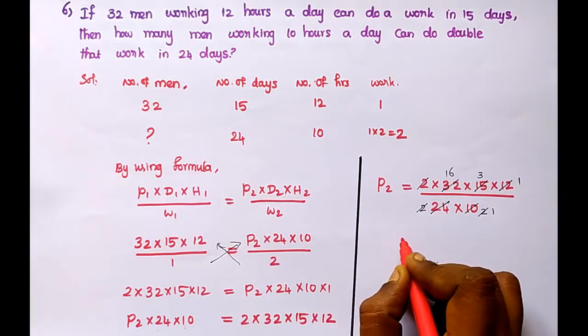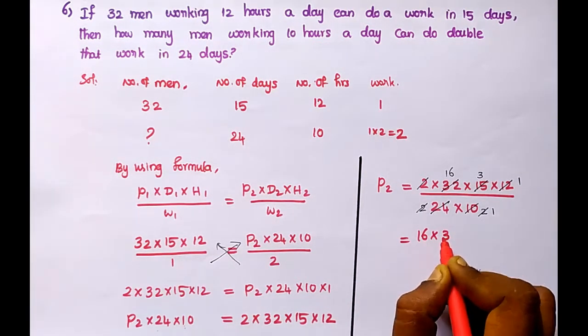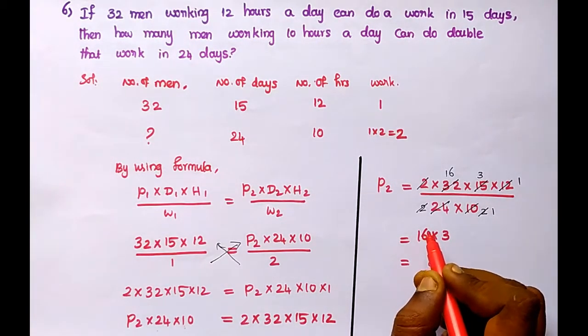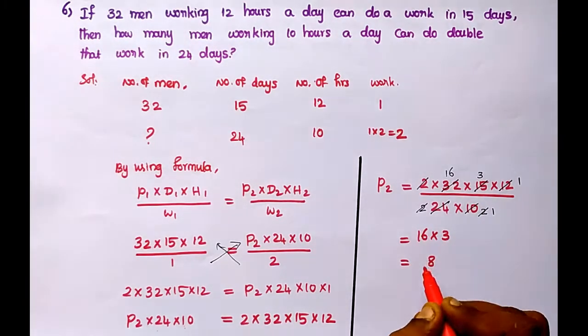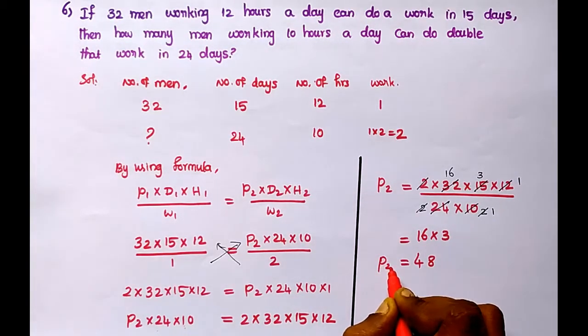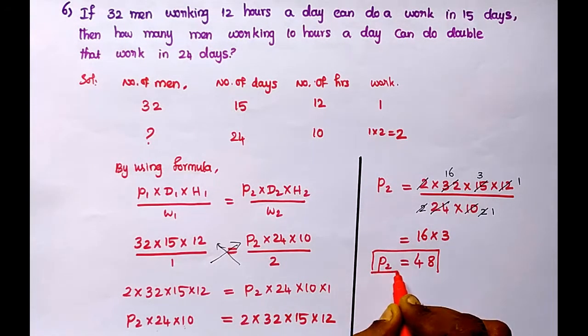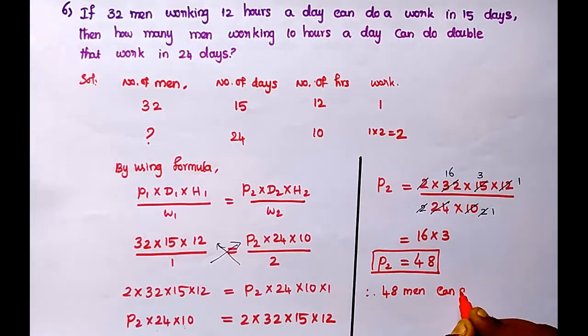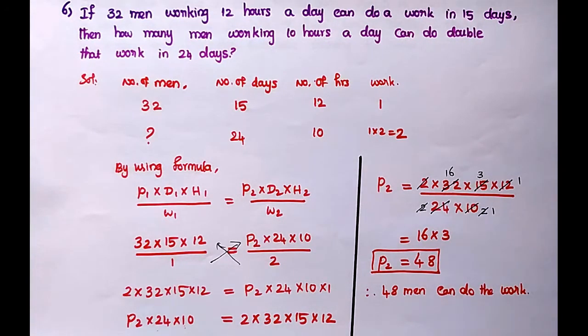So remaining number is 16 into 3, that is 6 3s are 18, balance 1, 1 3 is 3, 4. So 48. So 48 men can do the work. That is the answer.